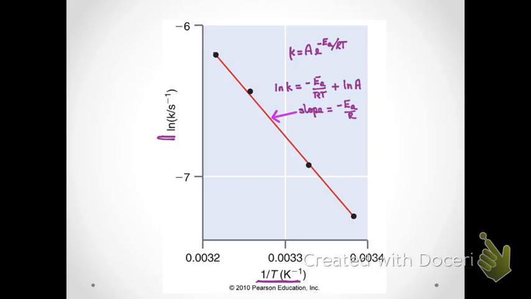Again, this assumes that the activation energy is independent of temperature. For a lot of reactions, plotting over a reasonable temperature range, we'll find that we do get a linear plot here, and that we can calculate the activation energy as such.